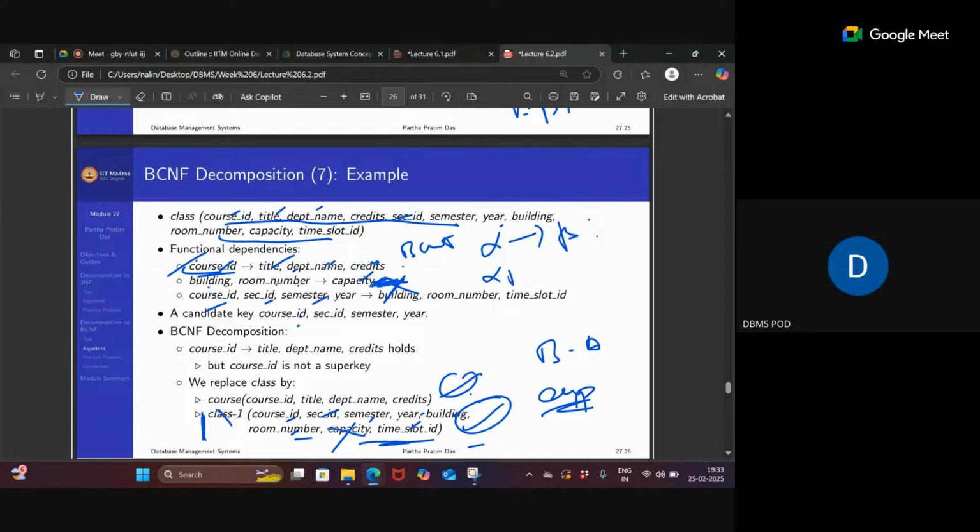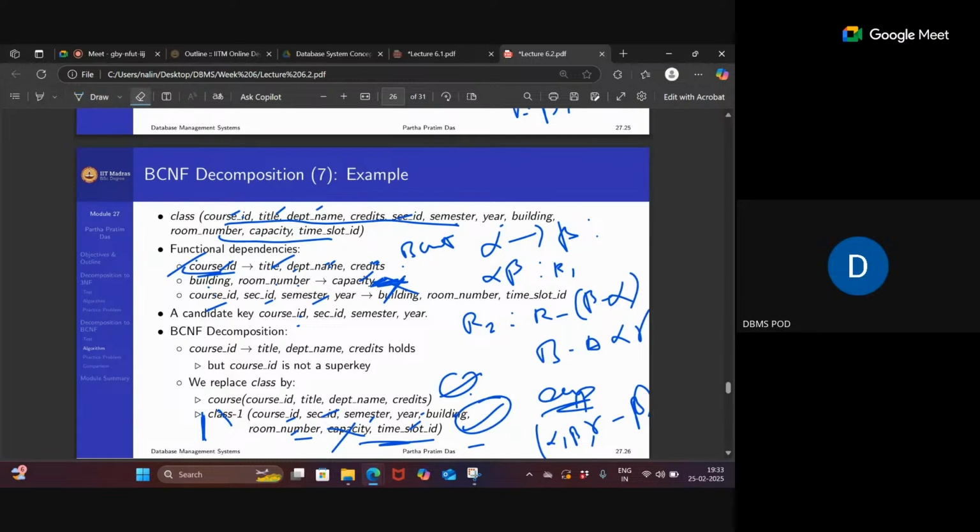Then we can create R1 as alpha, beta and R2 as R minus beta minus alpha. Let us say R has alpha, beta, gamma. Then R minus beta will give us alpha, gamma in the other table. So we have to do this.